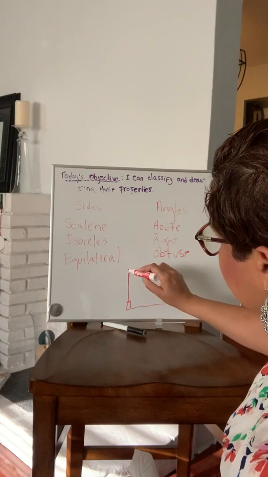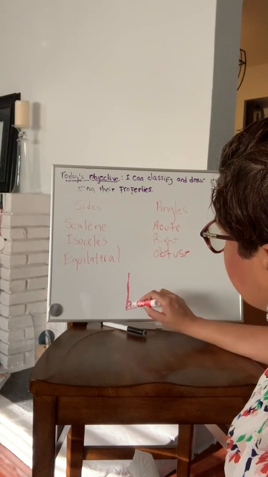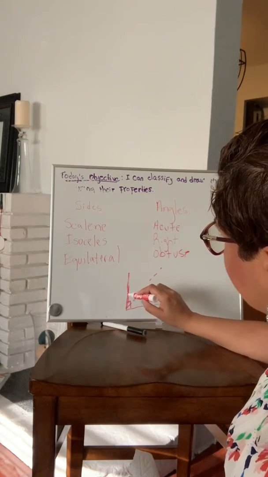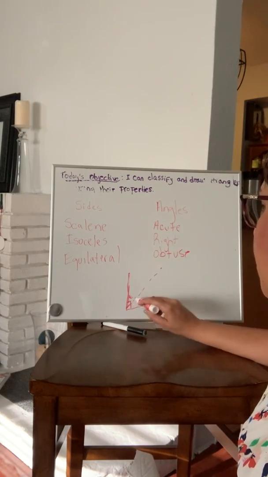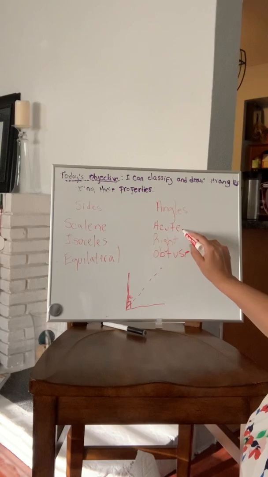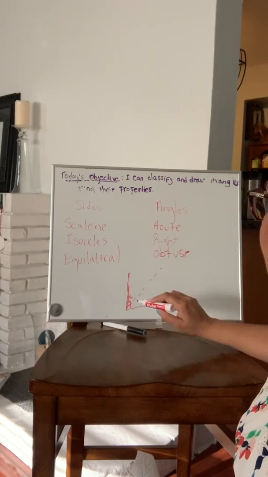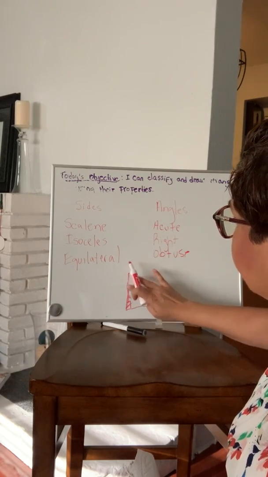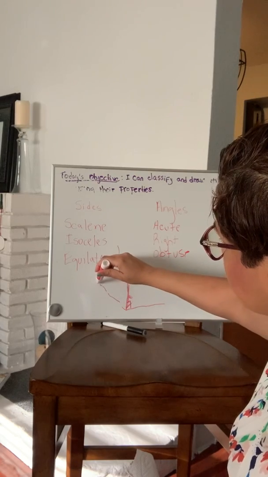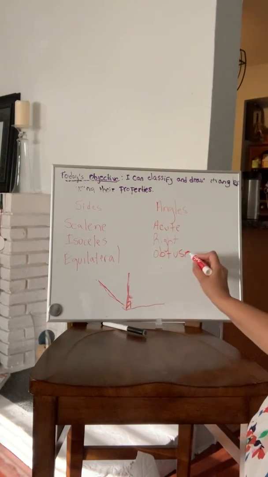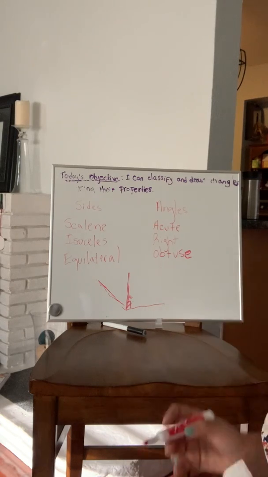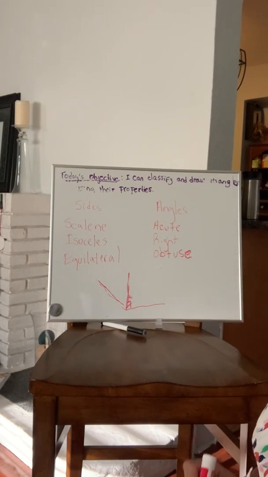Whenever this line, if you move it and you put it here, you no longer have a 90-degree angle like you had before. You have a smaller angle. That's going to be acute. Now, if you were to move that line from here and put it here, now you have an angle that is bigger than 90 degrees, so it's called obtuse. And that's it. You just have to learn those six words and what each one of them means.